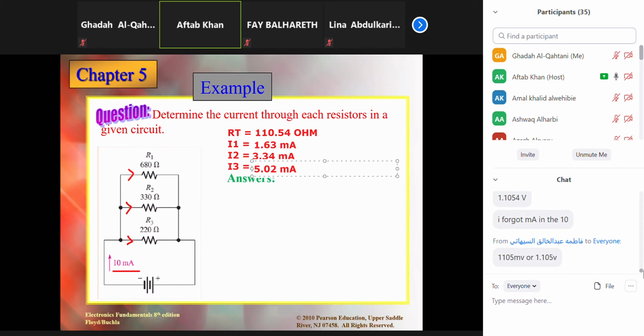But what is the final answer? 11 volts. Let's see the new result. Rina said 11.04 volt. So this is the only one result which is 11.04; otherwise, all are different.